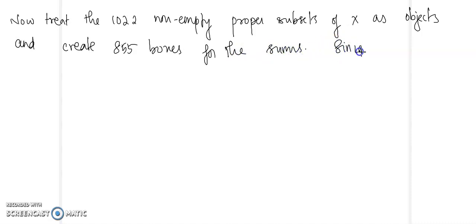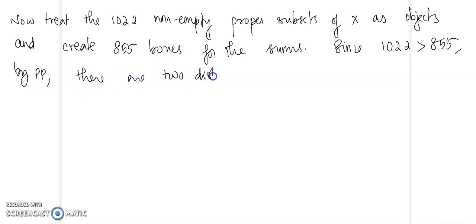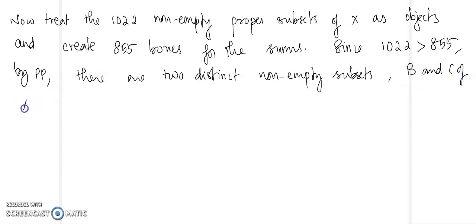Since 1022 is greater than 855, by the pigeonhole principle there are 2 distinct non-empty subsets B and C of X such that they have the same sum.